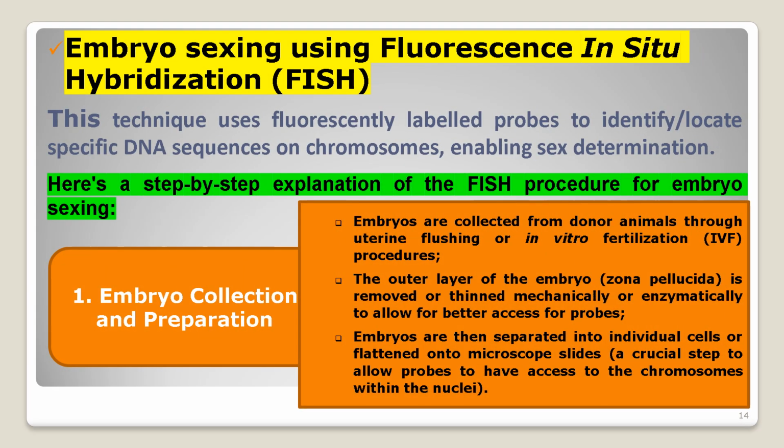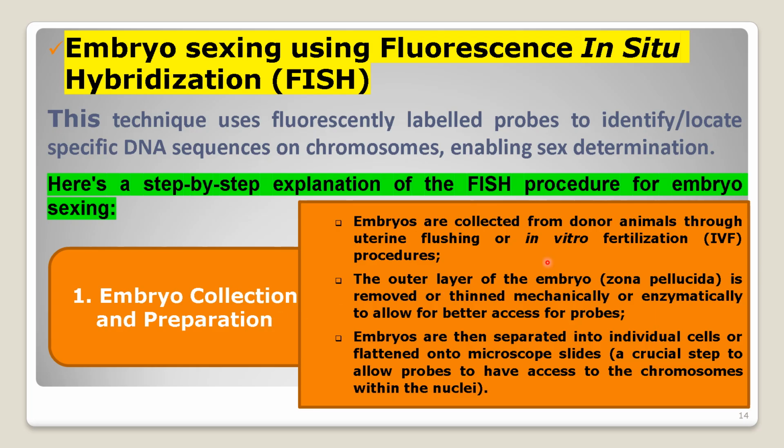Then we have what is known as embryo sexing using fluorescent in situ hybridization, or FISH. This technique uses fluorescently labeled probes, and in the process it can identify or locate specific DNA sequences on chromosomes, therefore enabling sex determination. It involves a number of steps. The first one is embryo collection and preparation.